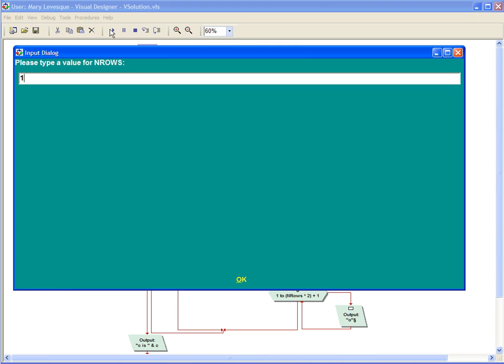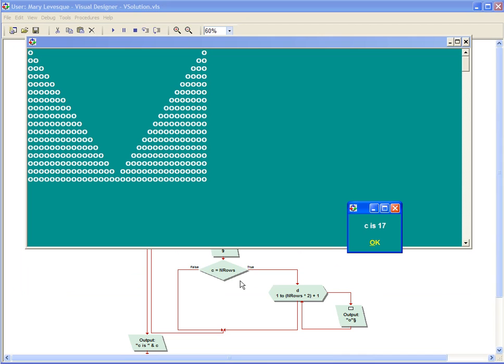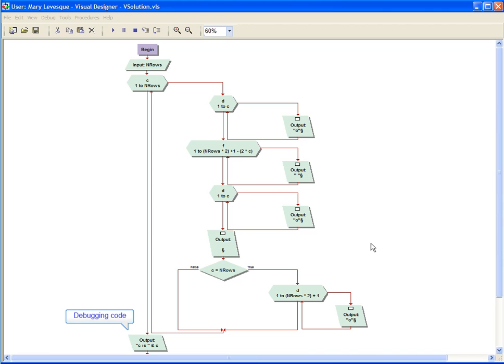How about 16 rows? Yay, there it is. I might consider that C is debugging code.